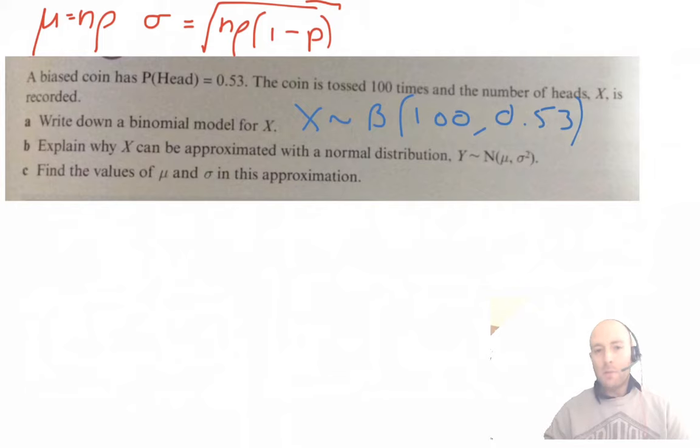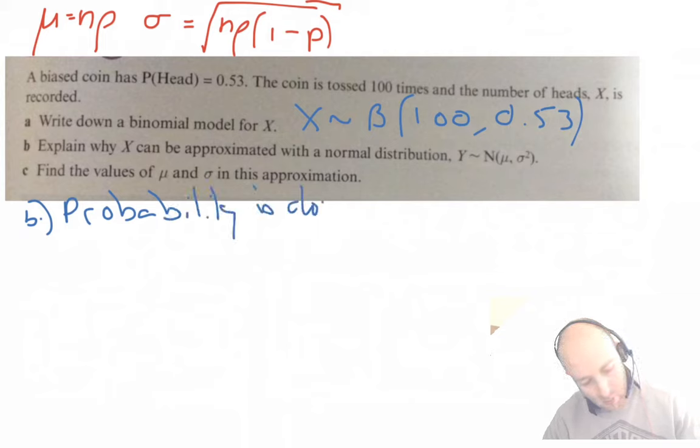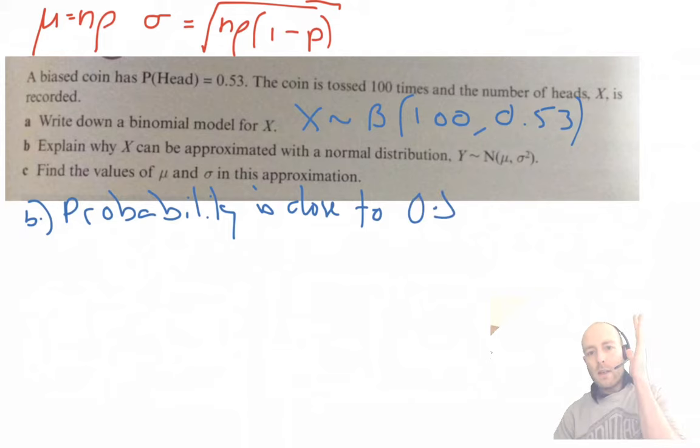Close to 0.5. Yeah, so the probability is close to 0.5. So that means that the data is symmetrical, as Dan said there.